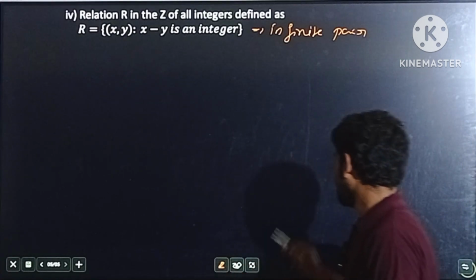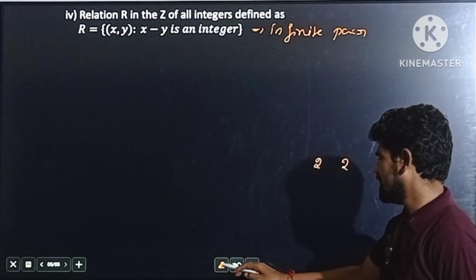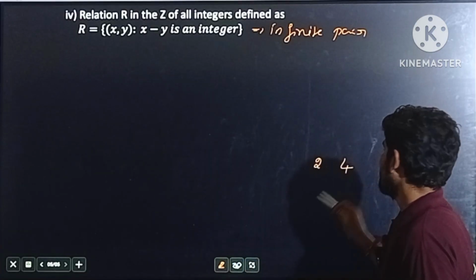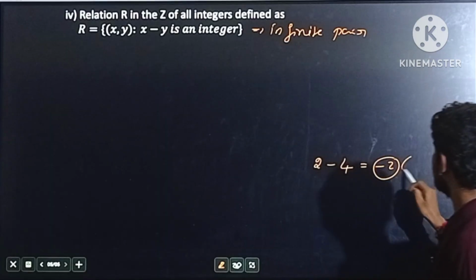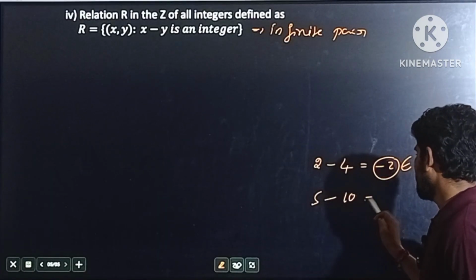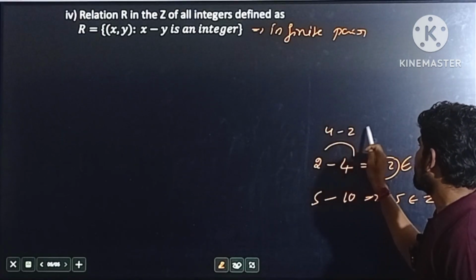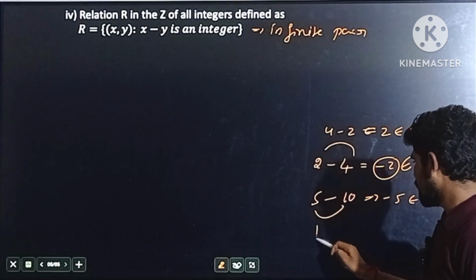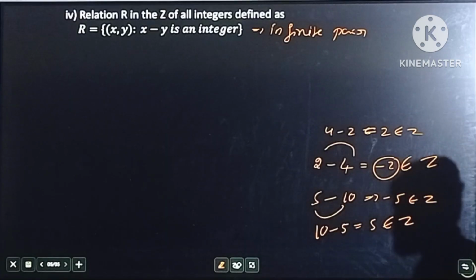But we know that if you consider any two integers, then the difference between them is definitely an integer: 2 minus 4, or you may consider 5 and 10. Or in reverse, 4 minus 2 equals 2, which is an integer, or 10 minus 5 equals 5, which is also an integer.